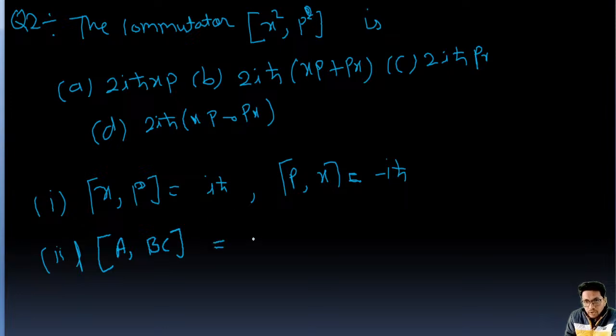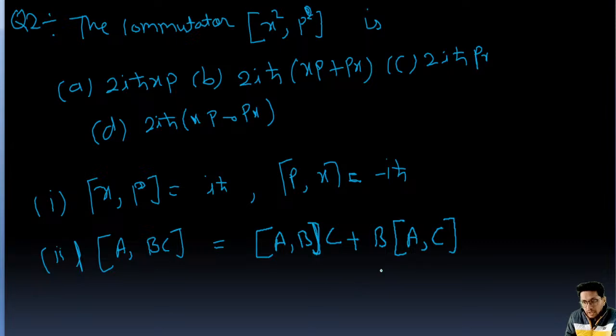If you open it, it is going to be a into commutator b comma c, plus b into commutator a comma c. This is the second property.